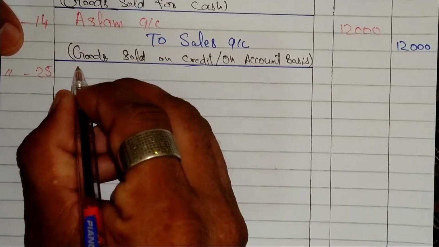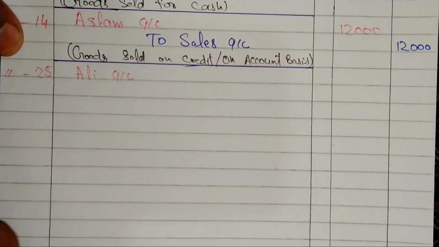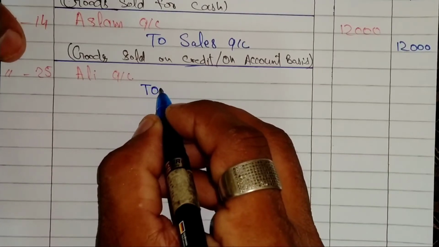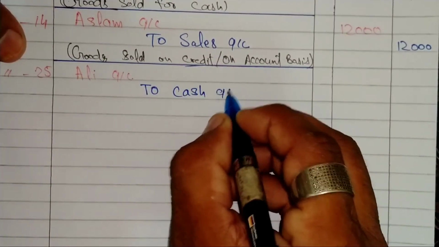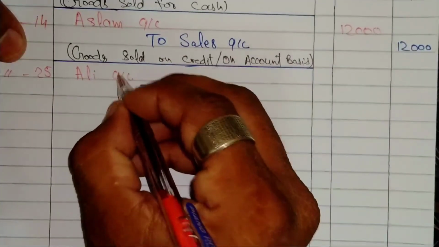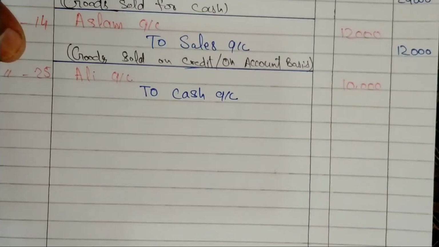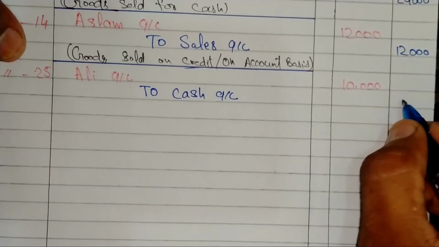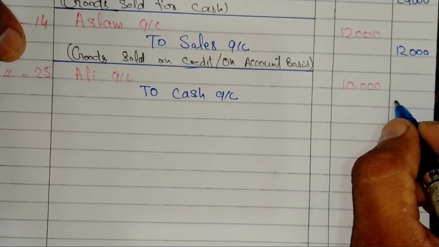So Mr. Ali account will be debit in this entry to cash account credit. Mr. Ali account actual amount was $10,000. Now actual paid by the business with 300 discount.